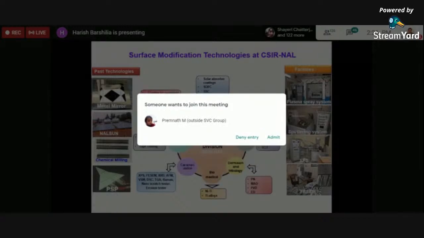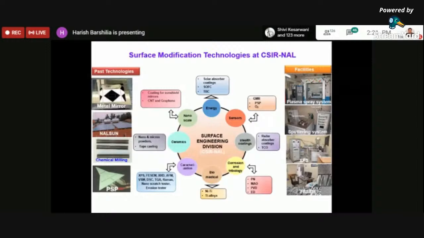We do some work in the area of biomedical devices, wherein we give surface modification technologies for titanium alloys, which are used for prosthetic devices, and nickel titanium shape memory alloy, which is used in the development of various heart valves or stent.